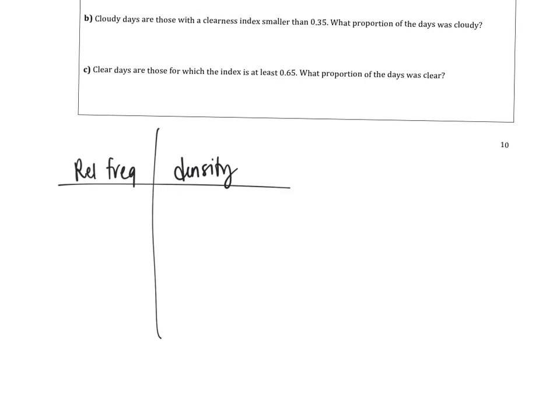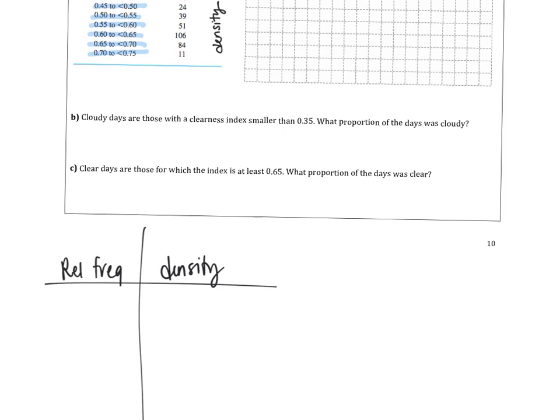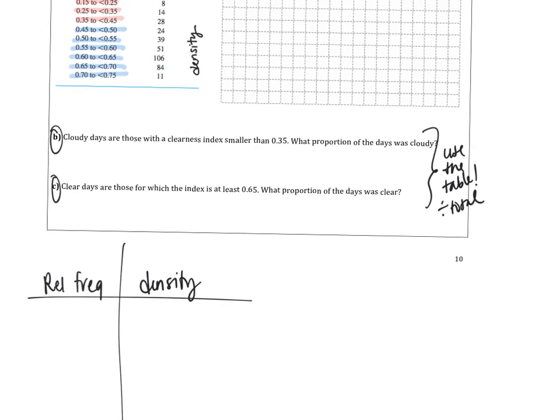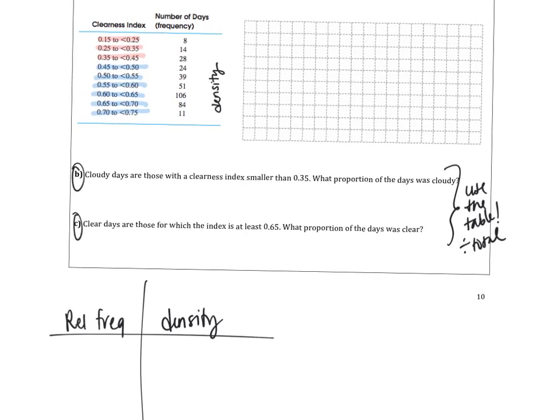Also, one thing you need to remember when answering these two questions, question B and C, is that you will not be able to look at the graph to get those answers. You're going to have to use the table, and divide by the total. Because your graph will give you an idea of the display overall, but it won't be able to give you a very specific idea as far as categories go because we're looking at density and the intervals are different, okay?